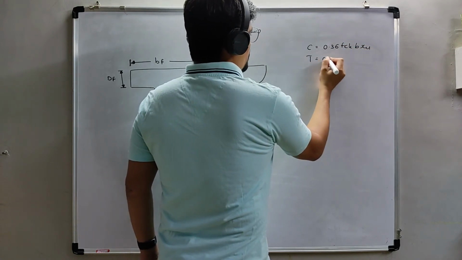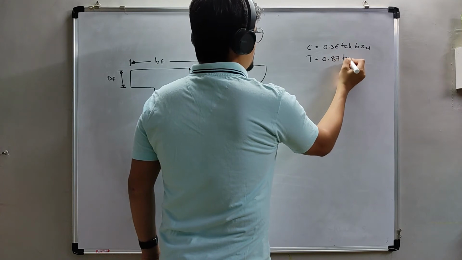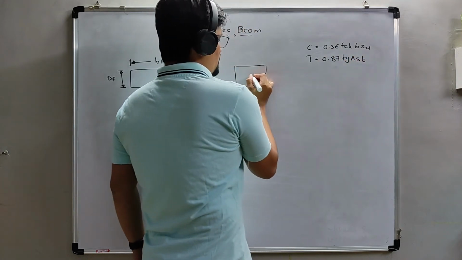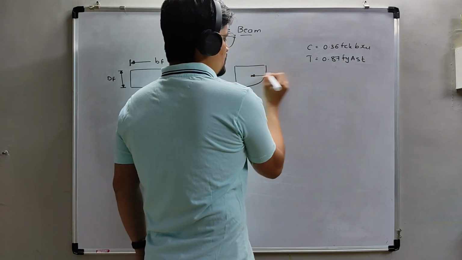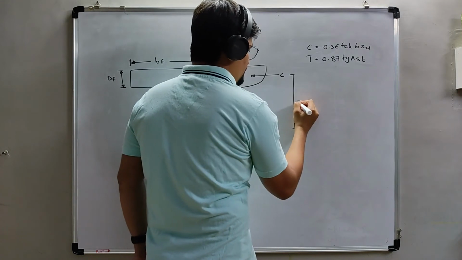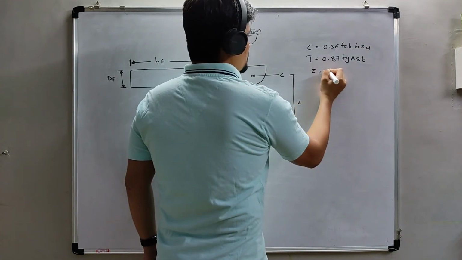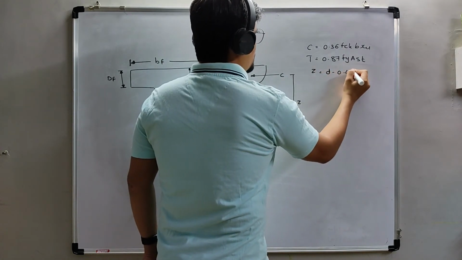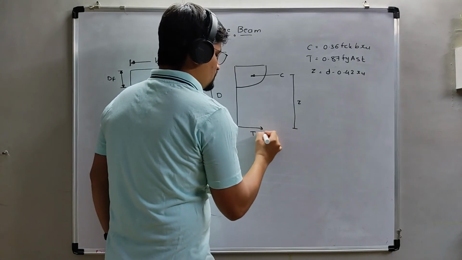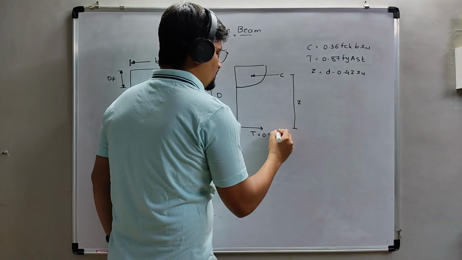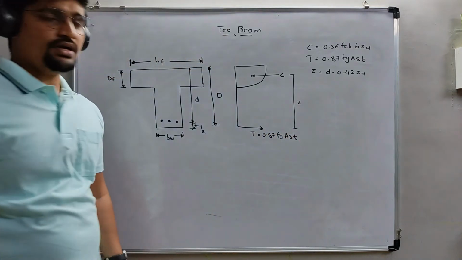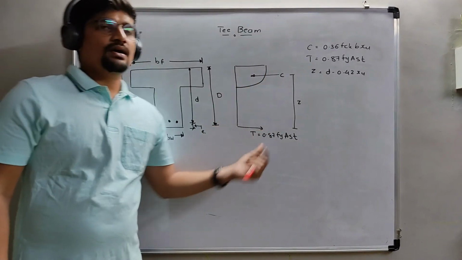Tensile force was 0.87 fy Ast. Okay, C was occurring here, and the lever arm is Z. So Z will be d minus 0.42 xu. And T was occurring here, which is 0.87 fy Ast. Okay, these all forces are due to b.